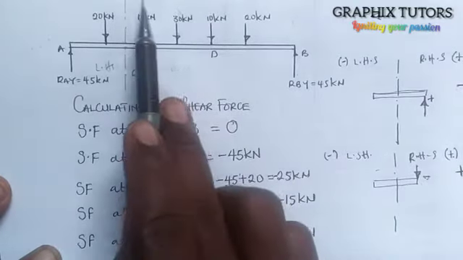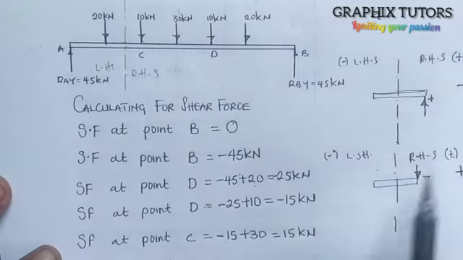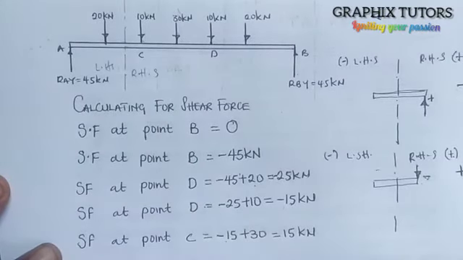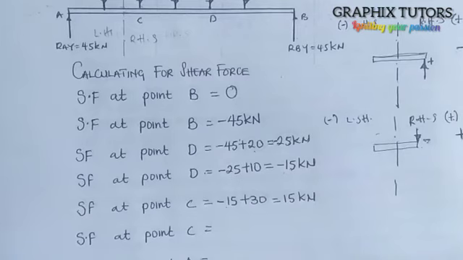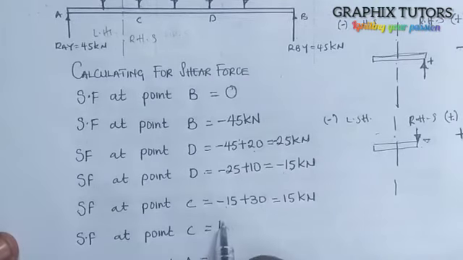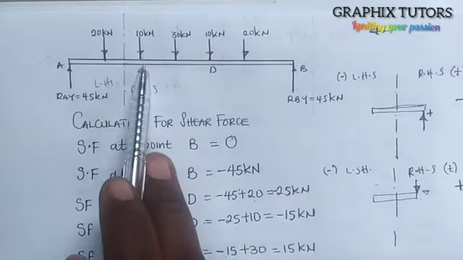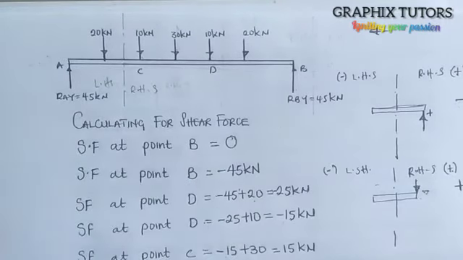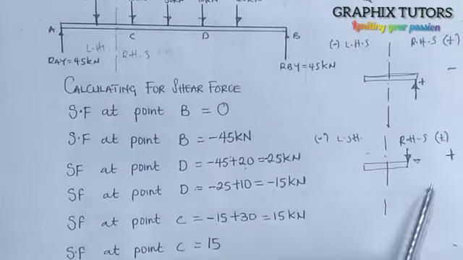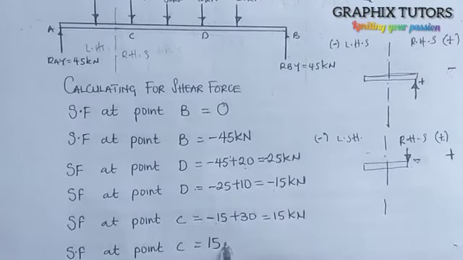Now the new force introduced is the 10 kilonewton. So I'll write my final answer, which is 15. I'll write it out, 15, right? And the new introduced force is 10, right? And 10 is facing down at the right hand side. When it's facing down at the right hand side, it is positive. So I'm going to put plus 10. And that's going to give us 25 kilonewton, right?